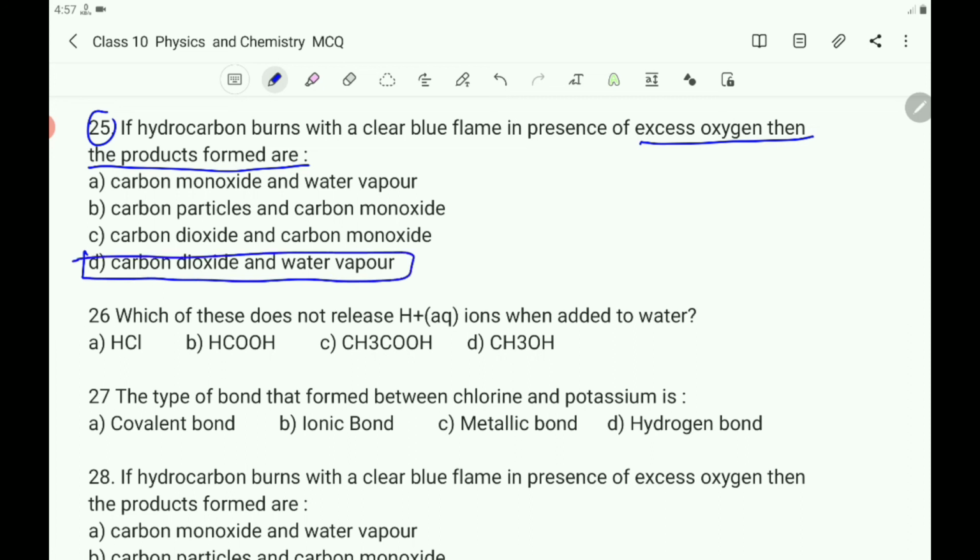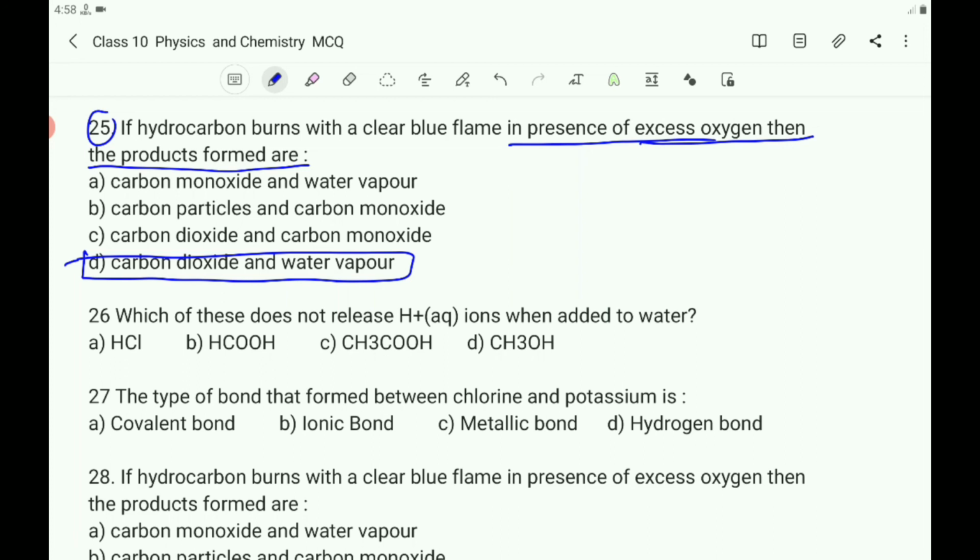You must know this. Here, in the presence of excess oxygen means in a sufficient supply of oxygen. When a compound burns in sufficient oxygen, what will be formed? Carbon dioxide and water, and the flame is a blue flame.